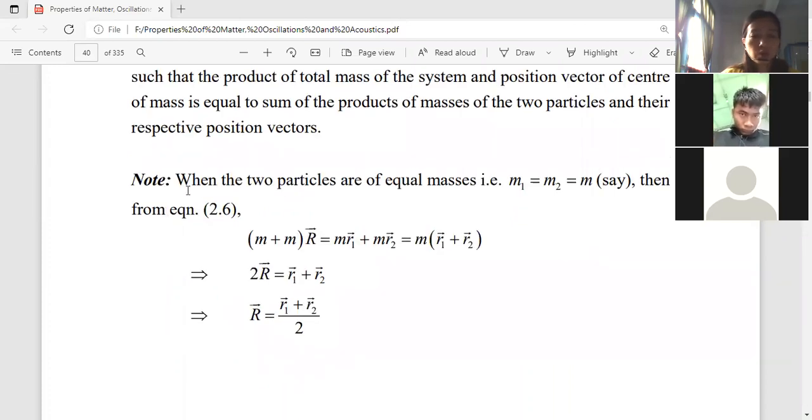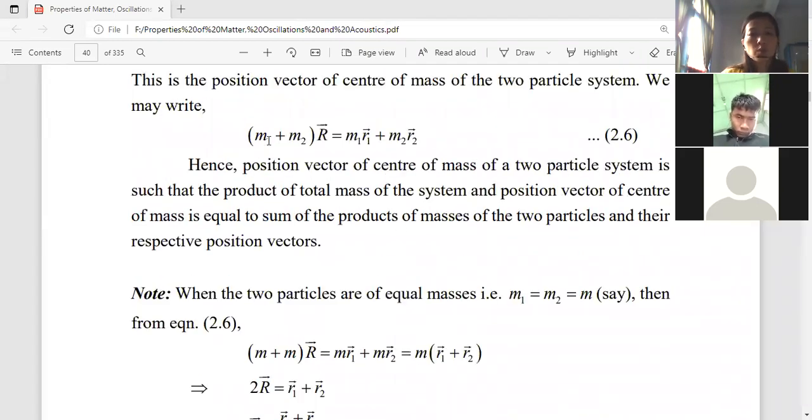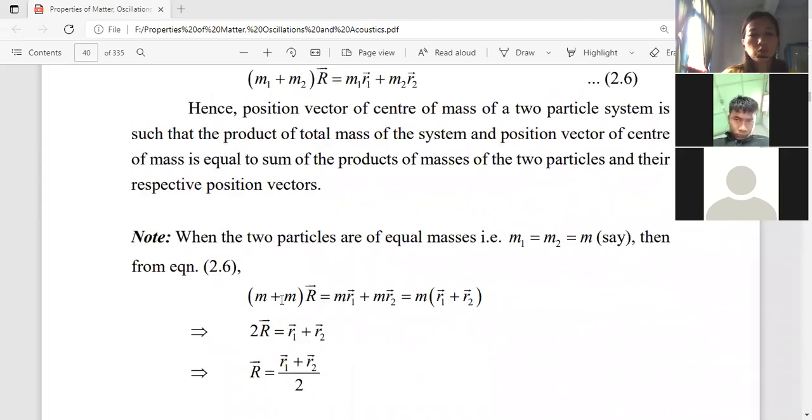Now because we are running out of time, consider the case where m1 and m2 are equal, so instead of m1 and m2 we will respectively put m. In equation 2.6, m1 plus m2 becomes m plus m, which is equal to 2m.